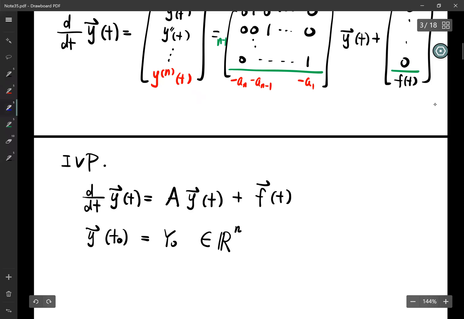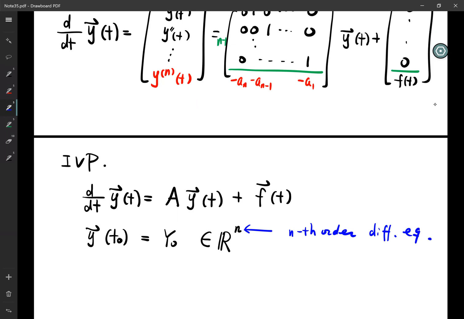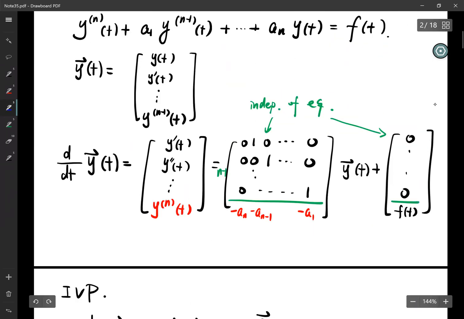N corresponds to that this is an nth order equation. You need to provide conditions for y(0) all the way to y^(n-1)(0).